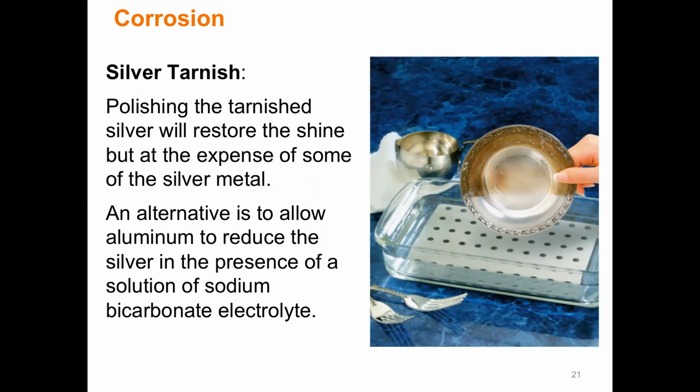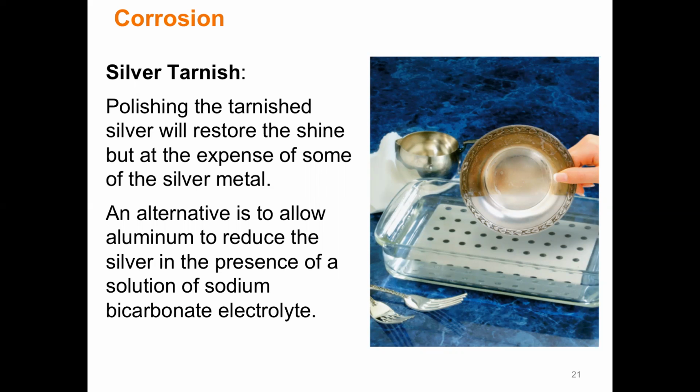That reaction will cause your silver to break down, and eventually it's going to oxidize, and it will tarnish, and it's not pretty. So we try to get rid of that, because it's not attractive.